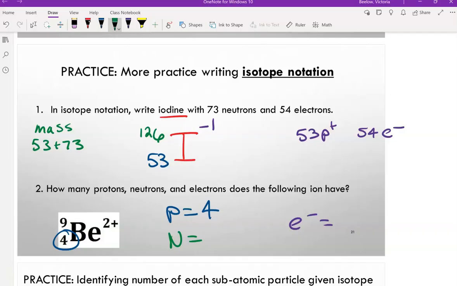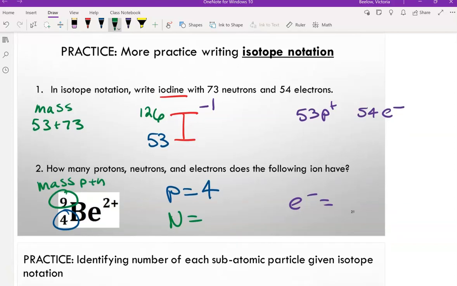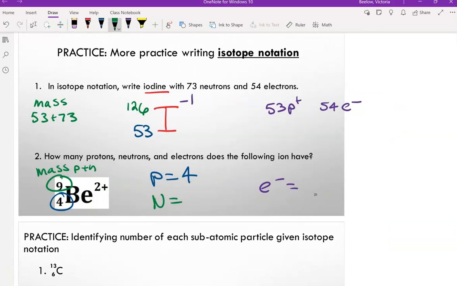Next, we have our neutrons. So you do have to think a little bit. This right here, remember, is the mass, which is your protons and neutrons added together. So if you want to just find the neutrons, you know what the total mass is. The total mass is 9, which is protons and neutrons added together.